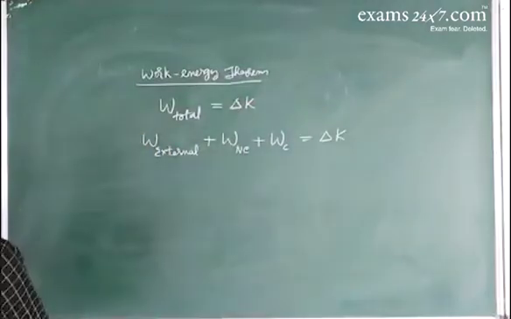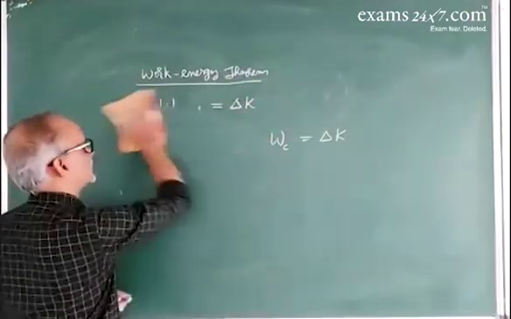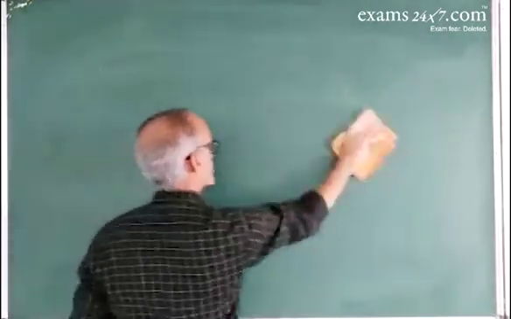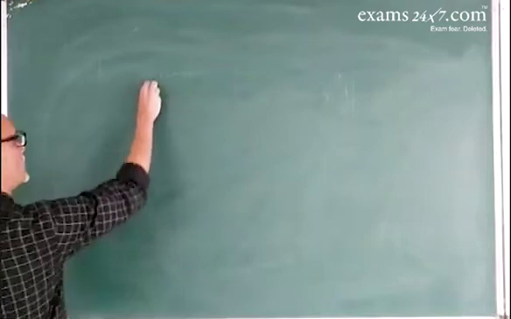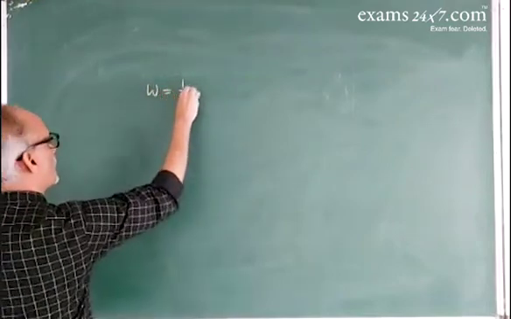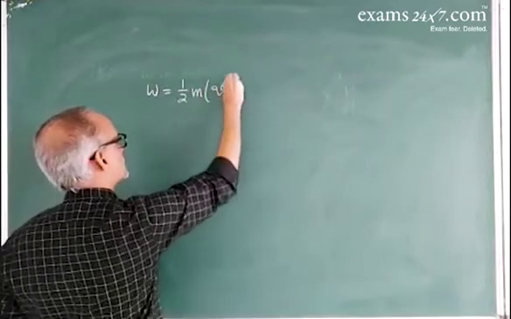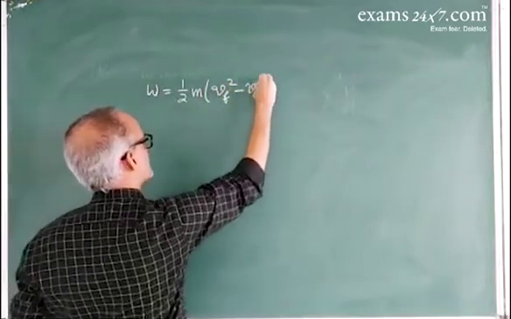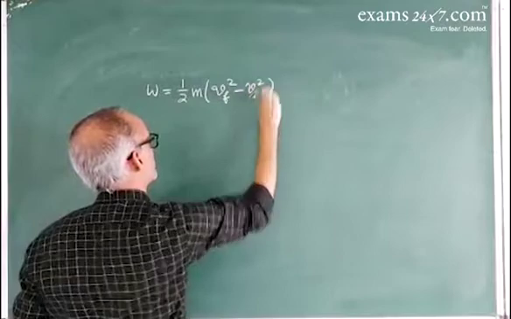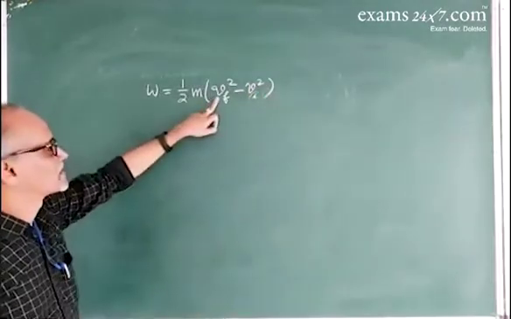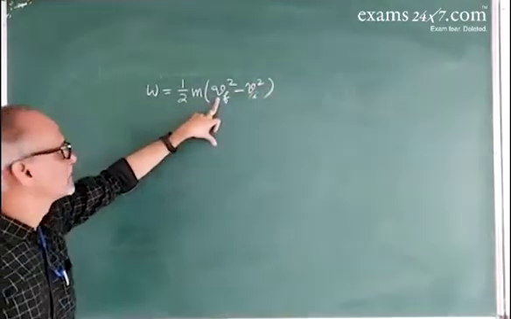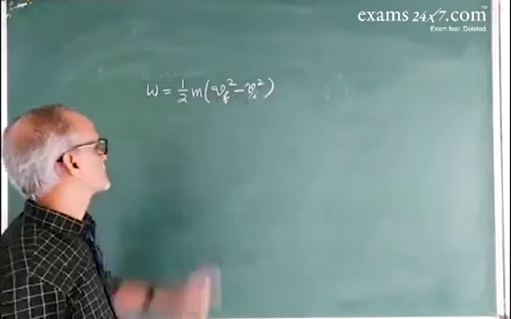So we can use this work energy theorem to solve a lot of numericals where, in the case of kinetic energy, I can write W is equal to half m Vf square minus Vi square, where Vf is the final velocity, Vi is the initial velocity.